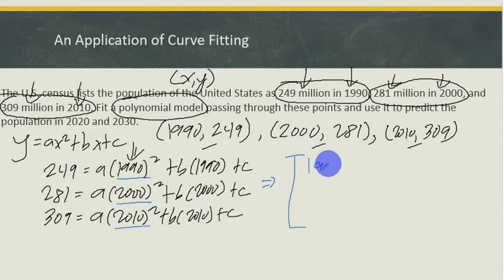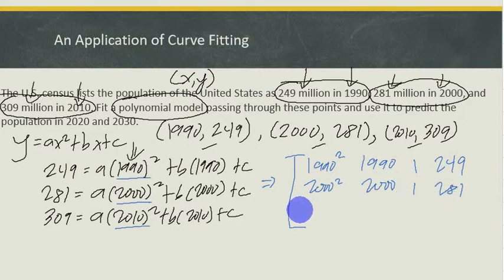For the first row, 1990 squared, 1990, 1, 249. Second row, 2000 squared, 2000, 1, 281. Then, for the last row, 2010 squared, 2010, 1, 309. And this is the augmented matrix that you can solve either by using Gaussian elimination or Gauss-Jordan elimination to find the values of a, b, and c.